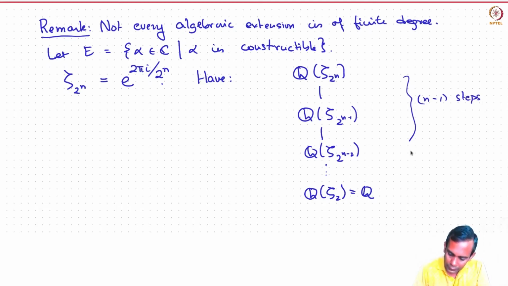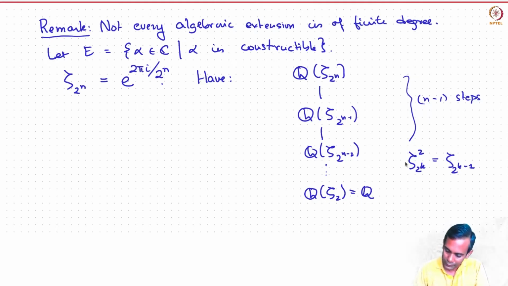Note that zeta_{2^k} whole squared is zeta_{2^{k-1}}. If you take this element and square it, you will get 2 times 2 pi i divided by 2 to the power k, which is 2 pi i divided by 2 to the power k minus 1.